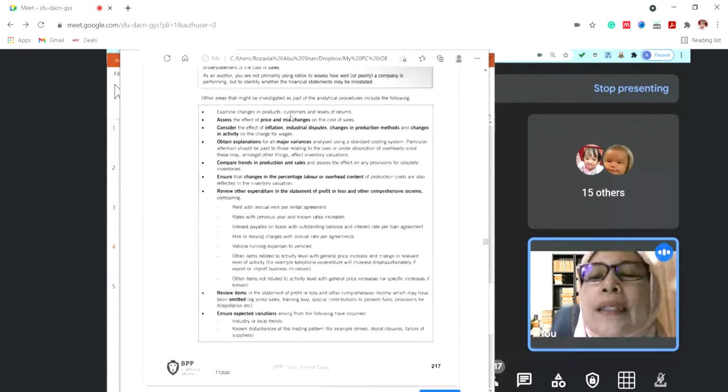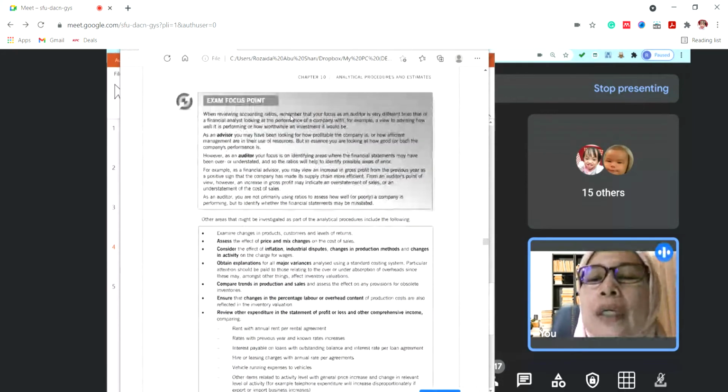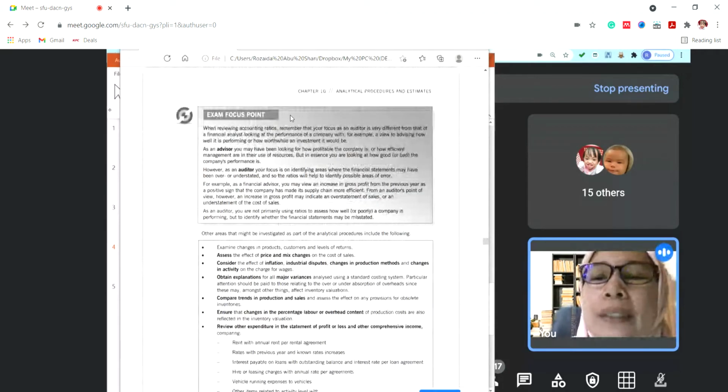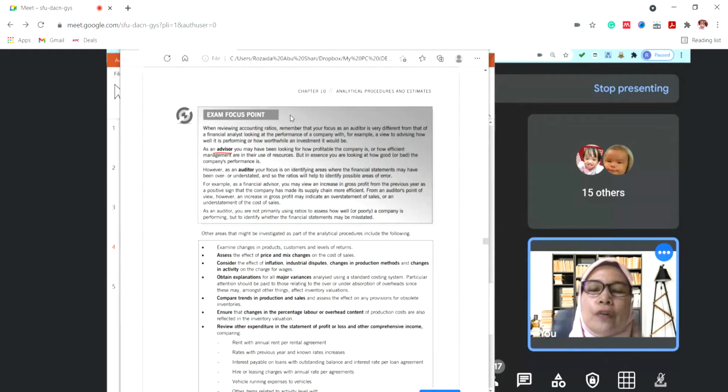So other areas, okay, what you have in the exam focus. As an advisor, you might be looking at how profitable the company is. Advisor means when you look from a perspective other than the auditor.